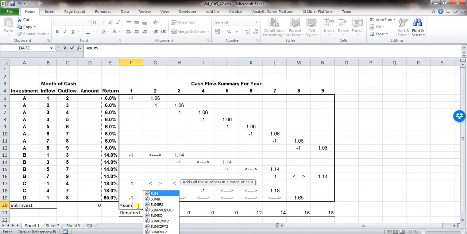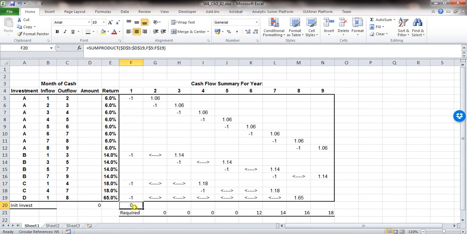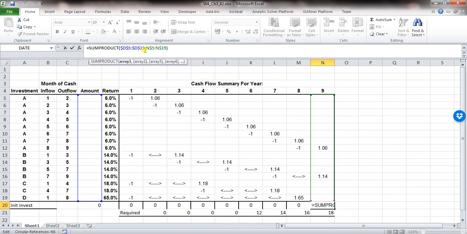To extend the formula, I will just copy paste the amount, comma, and make this an anchor, and for this I need to anchor the rows and change the columns. Perfect.